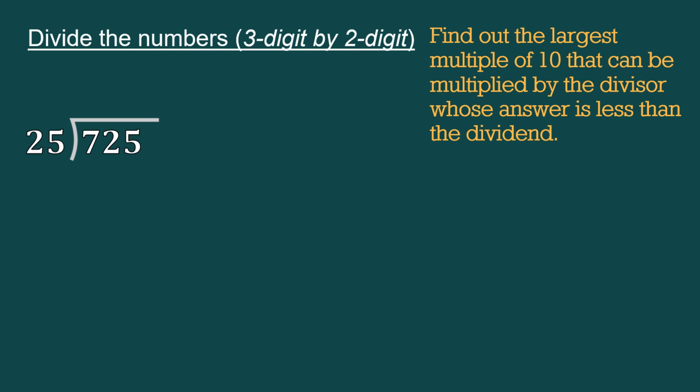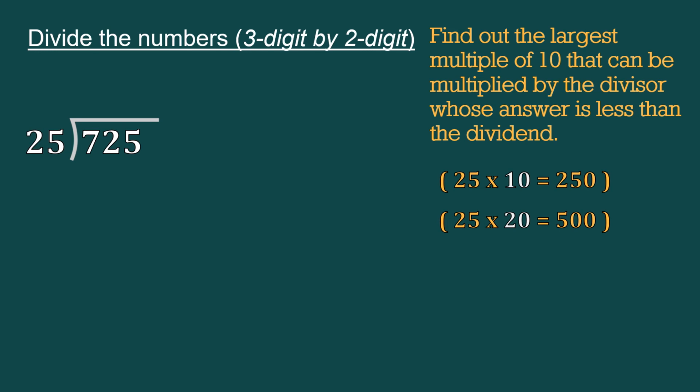Now, we try to multiply our divisor 25 with the multiples of 10. We start with 25 times 10 is equal to 250. 25 times 20 is equal to 500. We are getting closer to the dividend.